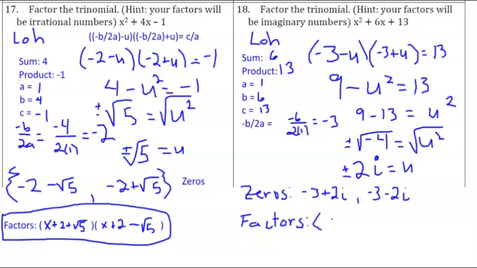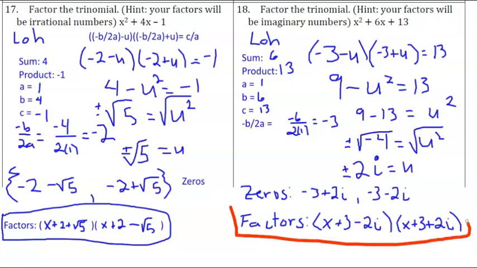So we have parentheses x plus 3 minus 2i times x plus 3 plus 2i. And that would be your factors. Usually when it has imaginary numbers or irrational numbers, they only want you to find the zeros. So you usually can stop once you get the 2 zeros. In this case, we want the factors as well, though.